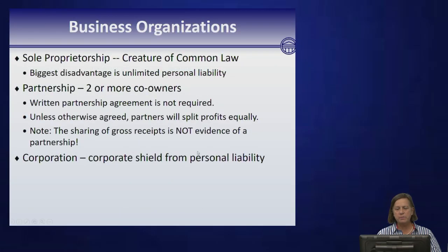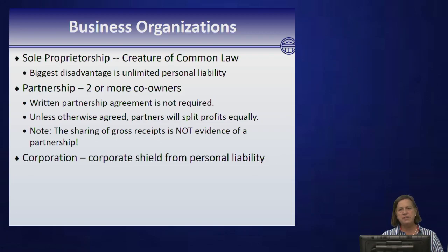Then we talked about forms of business organizations, and so here are some key things for you to remember. A sole proprietorship is a creature of common law, and the biggest disadvantage is unlimited personal liability. A partnership is where you have two or more people as co-owners. This too is a creature of common law, which means you don't have to file anything with anyone to create a partnership.